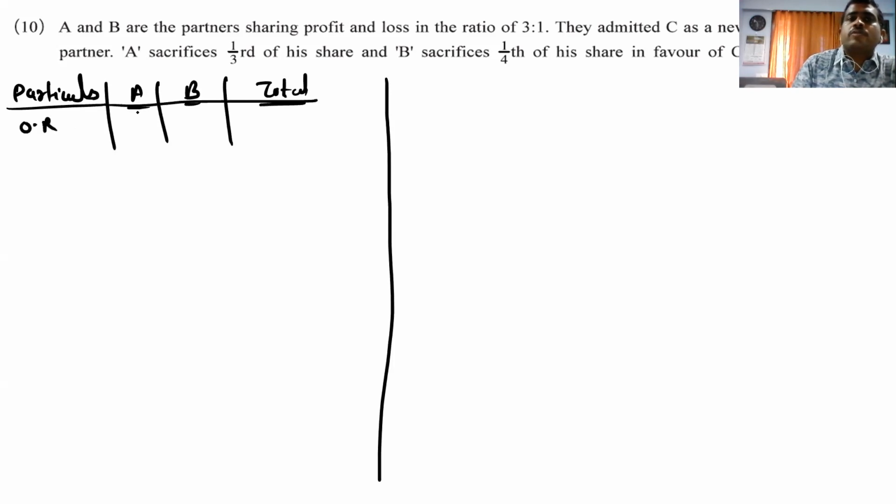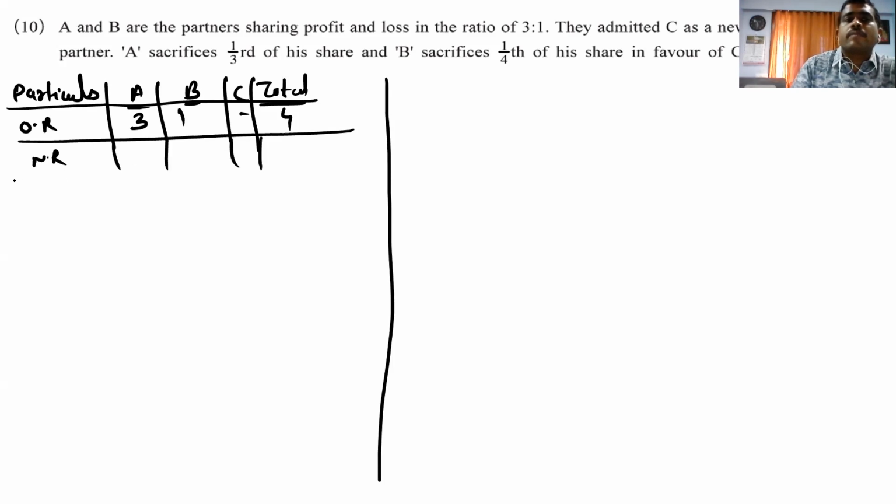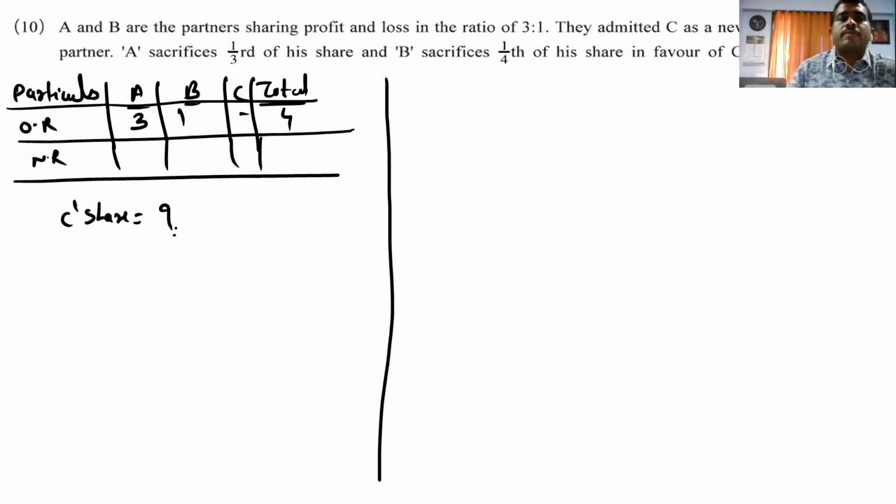Old ratio 3, 1. Yes, C also. They admitted C as a new partner, but nothing is given for C, that is a question mark.